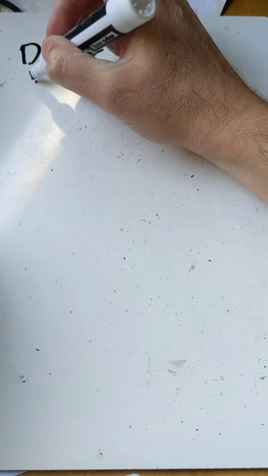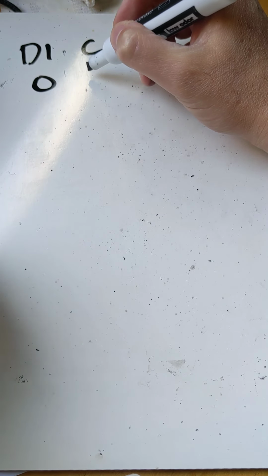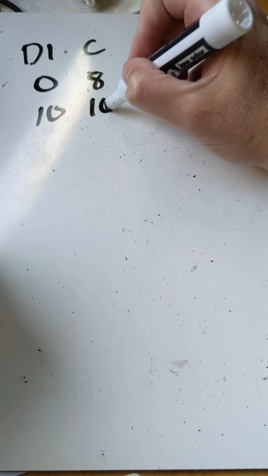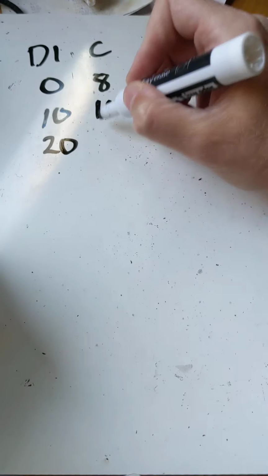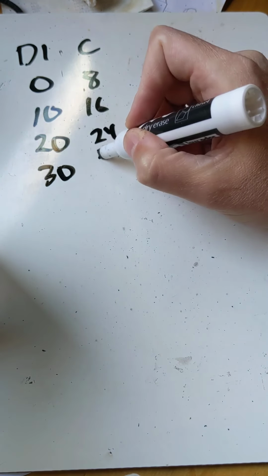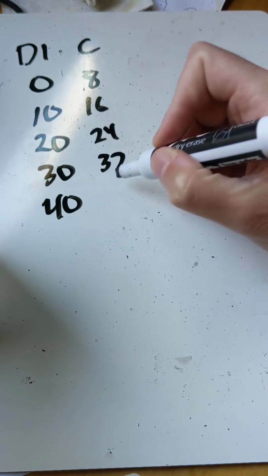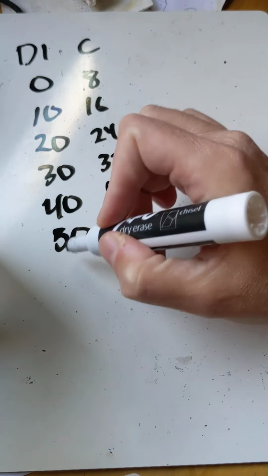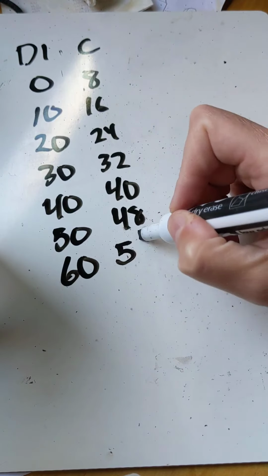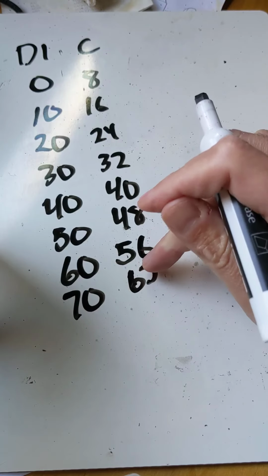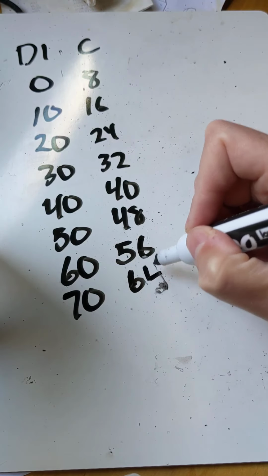Say we have, yeah, I'll make this one easy. 0, we'll go with 8, okay, and then 10, and this is going to be 16, 20, 24, 30, 32, 40, and 40, 50, and 48, and 60, and 56, and 70, and 62, 64. 64, Tony. 64.